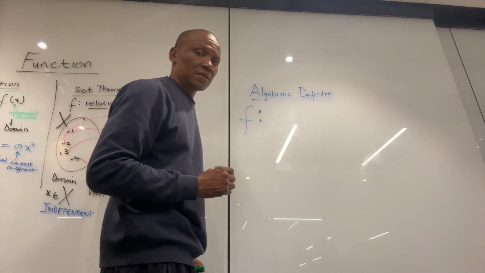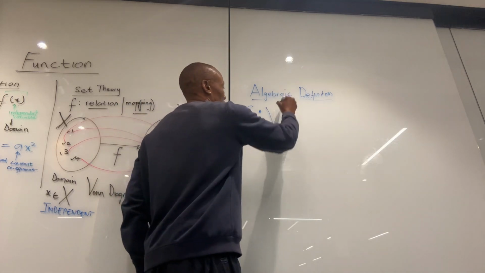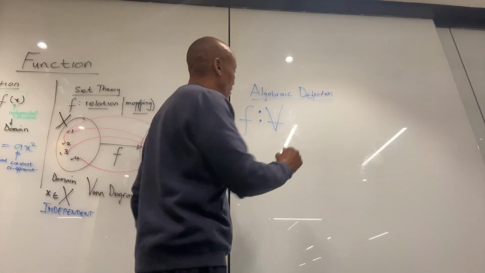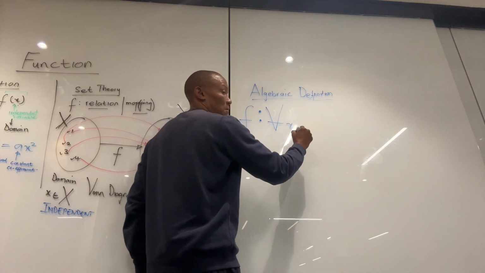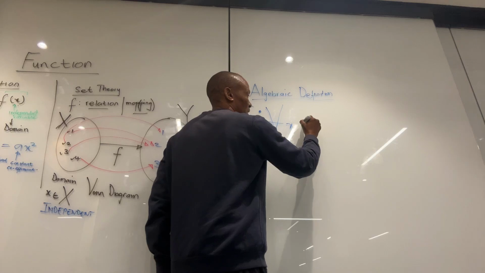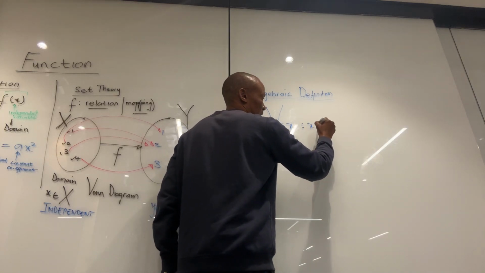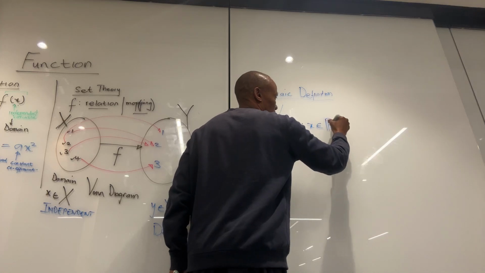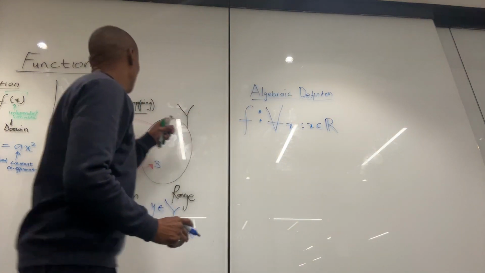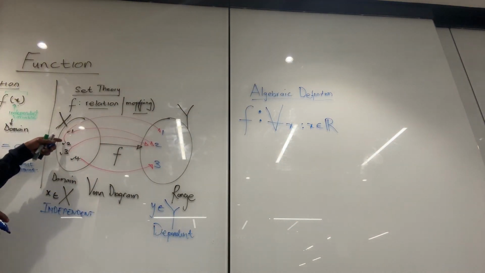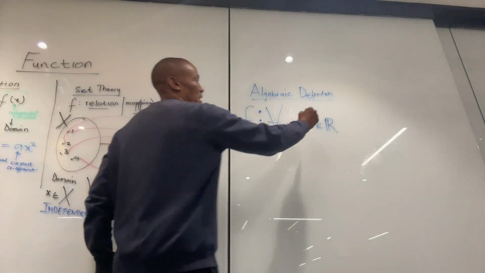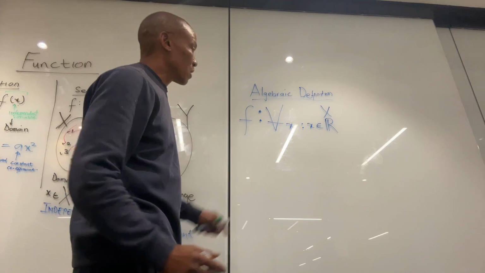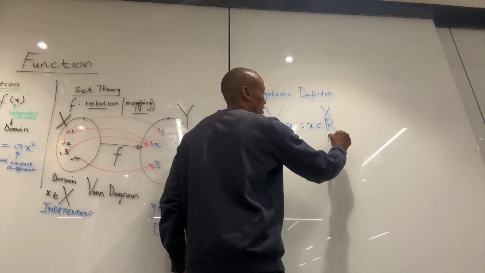Is such that for all, this is for all, an upside down A, values of X. Some people say such that X is an element of the real. In other words, I'm thinking of this set as the real. Otherwise, I could say it's an element of X. Or it can be an element of a natural number.